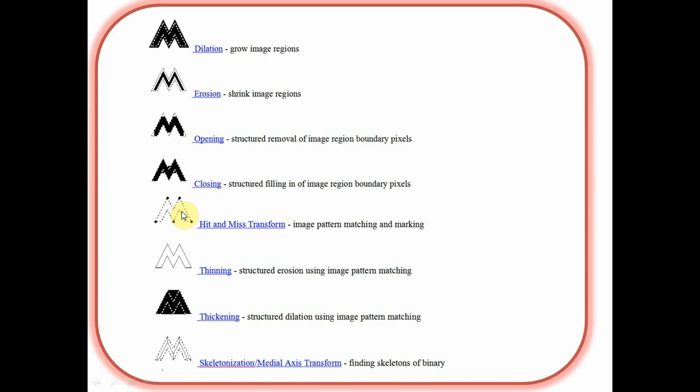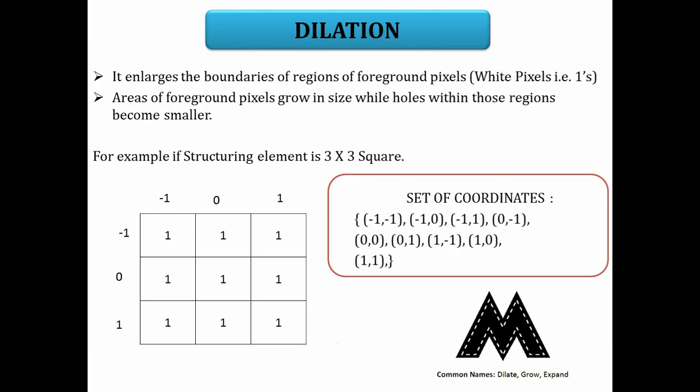One represents foreground and zero represents background. Then there are multiple applications, like thinning, thickening, skeletonization. Skeletonization is used to find the skeleton of a binary image. And thickening, if you consider dilation and thickening, is structured dilation using image pattern matching.